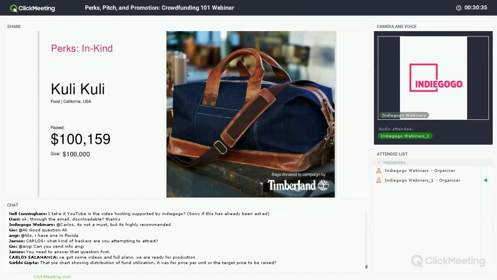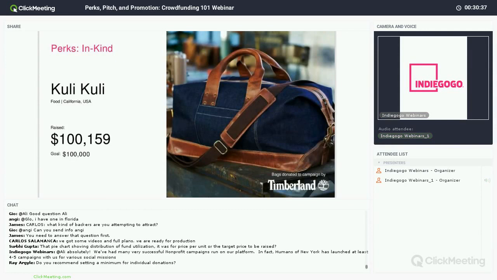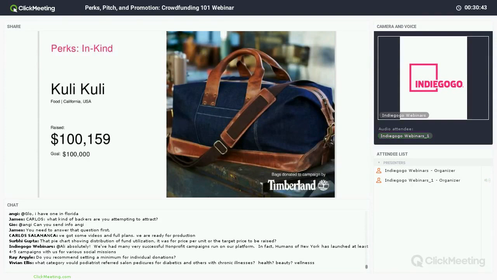They partnered with Timberland, which is obviously a huge brand, to make these bags for their backers who reached a certain level or gave a certain amount. That's a really big name, but you can also do something much smaller. One of our coworkers in the past has run a campaign, and he has a friend who teaches Taekwondo, and he offered one-on-one personal Taekwondo lessons, or I've seen campaigns that offer singing lessons or things like that.